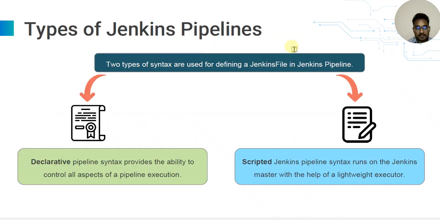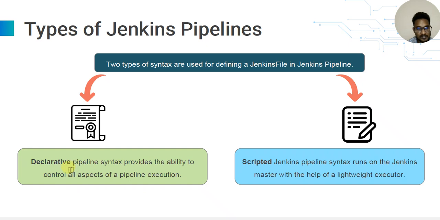Types of Jenkins pipeline. There are two types of syntax used for defining a Jenkinsfile in a Jenkins pipeline. First is declarative, second is scripted.